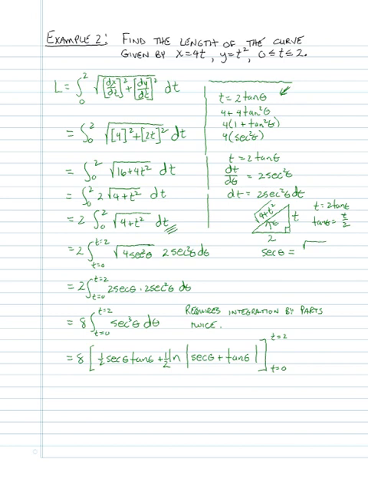So it's the square root of 4 plus t squared divided by the adjacent side 2. So now we have a way of replacing secant of theta and tangent of theta. Tangent of theta is t over 2. Secant of theta is the square root of 4 plus t squared over 2.